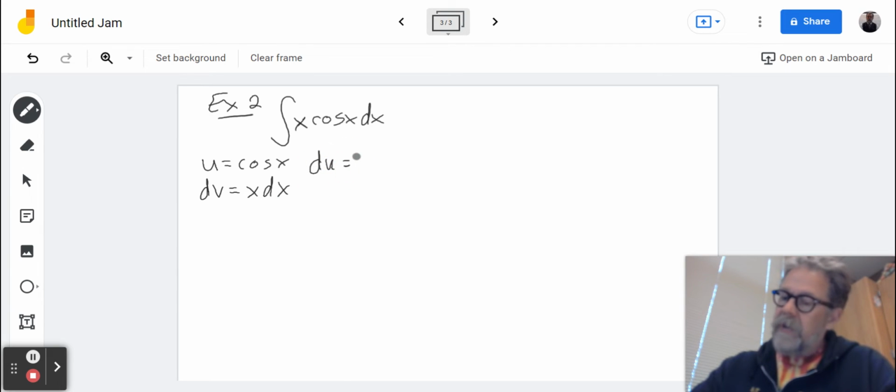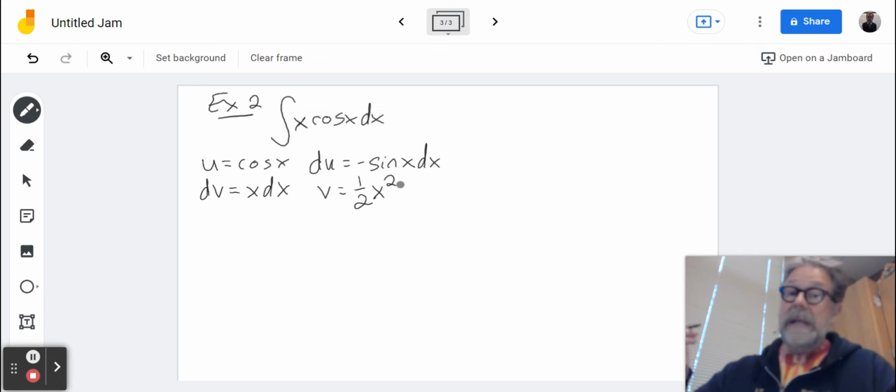Well, du is equal to negative sine x dx. Notice that it didn't actually get simpler. And v is equal to 1/2 x squared. It got more complicated.